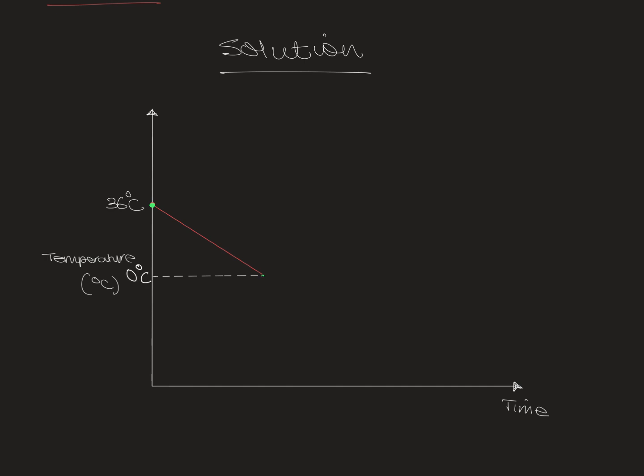That is here. From water at 0 degrees Celsius, we're going to transit to ice at 0 degrees Celsius because there has to be a phase change. So this is ice at 0 degrees Celsius. And from ice at 0 degrees Celsius, if the temperature continues to fall, we will have ice at minus 20 degrees Celsius.